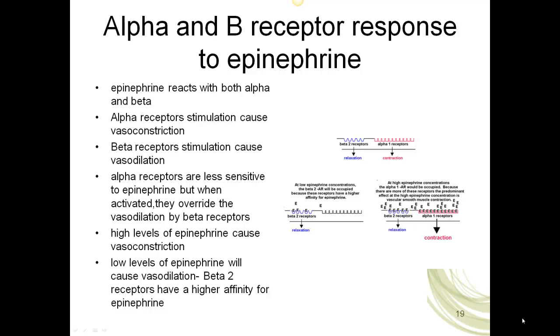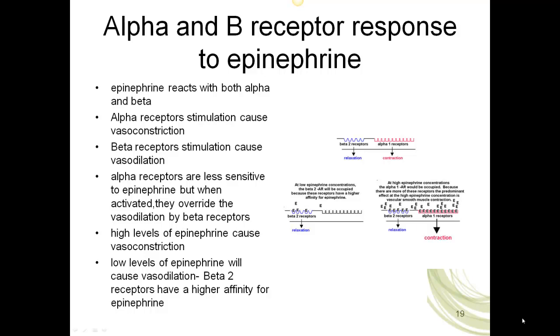Now, here's another quirky thing. I told you I would explain the war between alpha 1 receptors and beta 2 receptors. These receptors bind epinephrine, and they are both expressed on smooth muscle found in blood vessels. So they're both there. And what you are seeing graphically on this picture is that there are more alpha 1 receptors on blood vessels than beta 2.